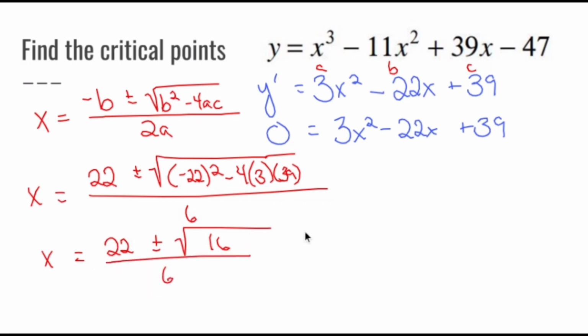All over 6. So when you split this up, x is going to equal 22 plus or minus 4 over 6.